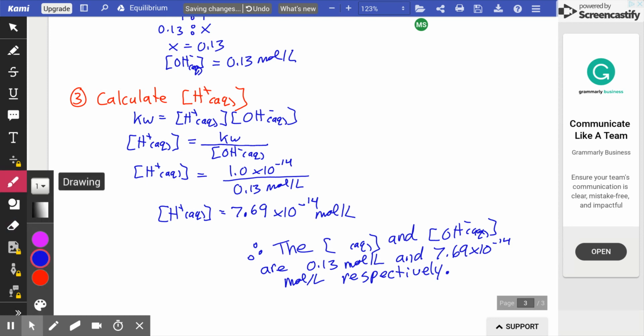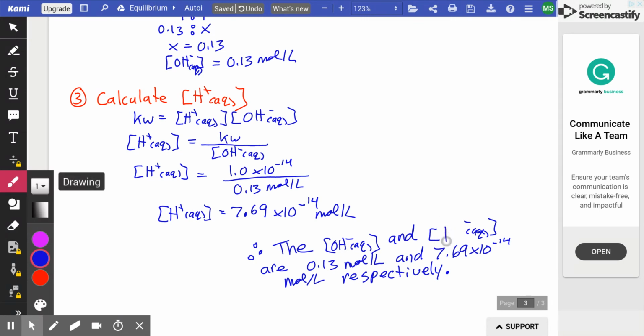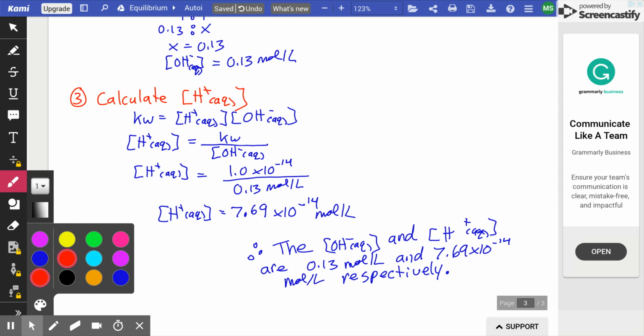Because I've listed the hydroxide ion concentration first, it should be hydrogen ion. It makes sense here because our hydroxide ion concentration is significantly larger than our hydrogen ion concentration. That makes perfect sense because we are dealing with a very strong base.